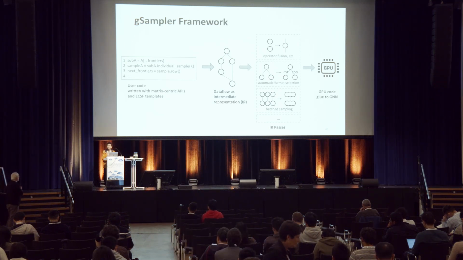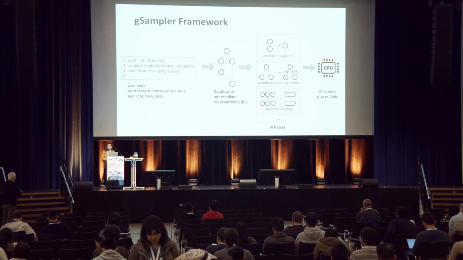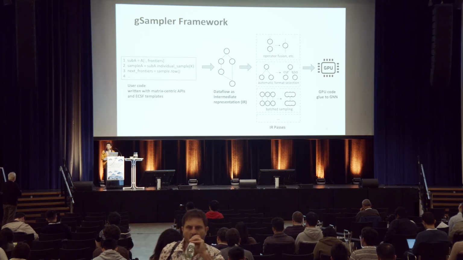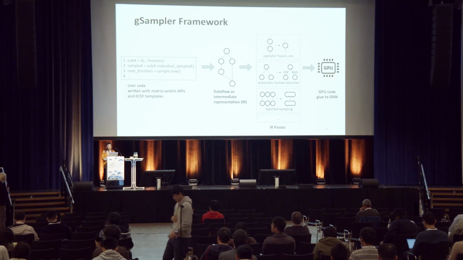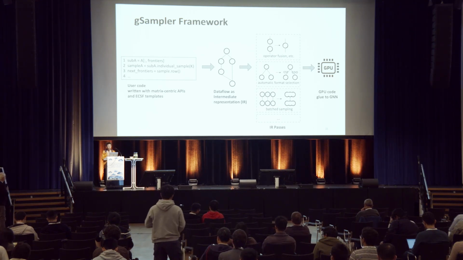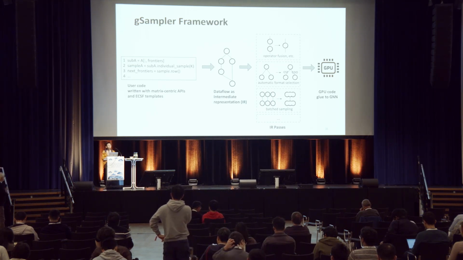Okay, let me ask a question. I know you're focused on GNN training, but looking at broader applications of this, I could imagine scenarios where you want the characteristics of your samples to be based on how the samples are being used by different applications. How would you incorporate that type of characterization into your system? Sorry, I can't catch you.